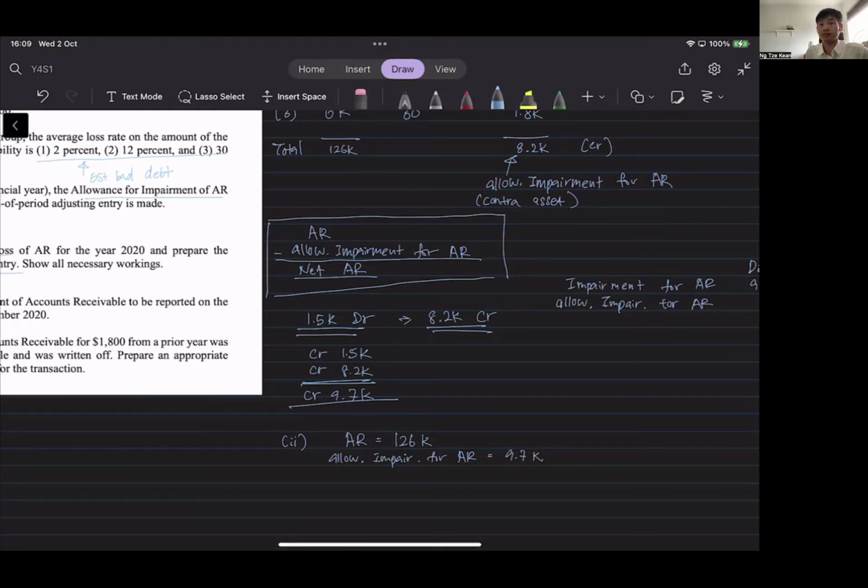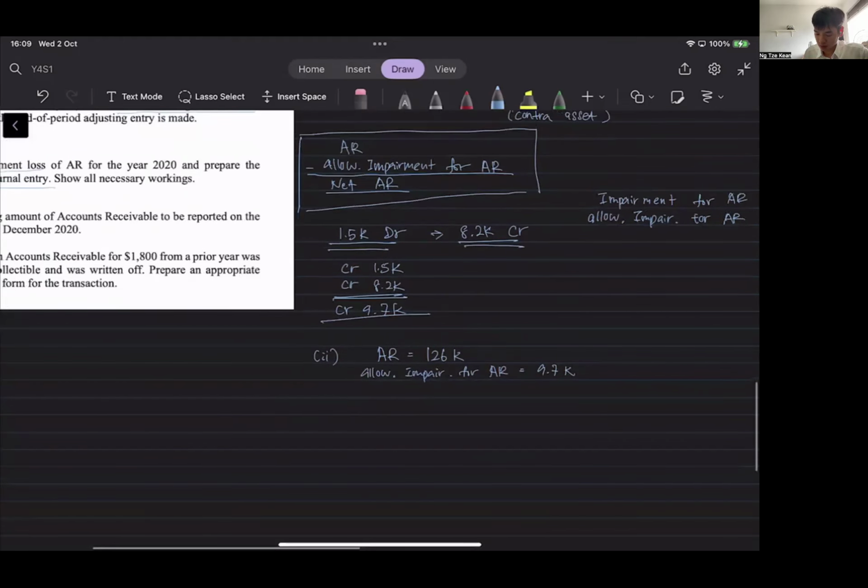Okay. So right now we would have to calculate the final value, right? And the net AR is equal to 116,300.